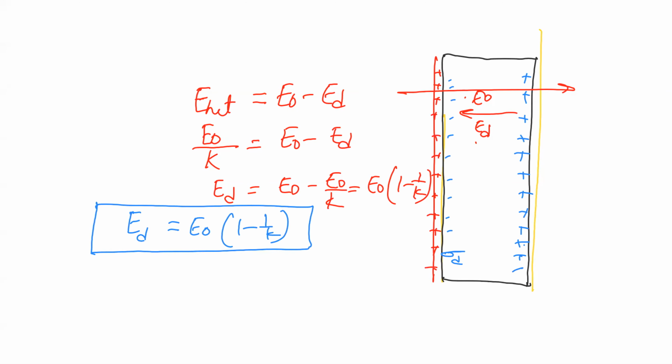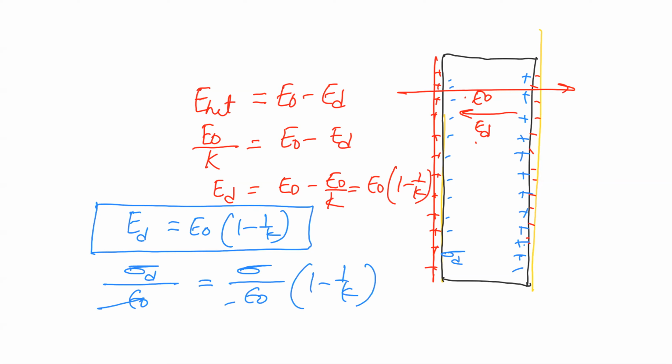Remember the opposite polarity. Whatever field the capacitor plate will apply, dielectric will apply negative of it, right? That is what the field in the opposite direction means, it is subtracting. So this is ED. Now what will be the value of this sigma? We know ED we can write as sigma dielectric divided by epsilon naught is equal to sigma of the plate, which I'm writing as sigma, divided by epsilon naught, times 1 minus 1 by K. From here, epsilon naught will get cancelled.